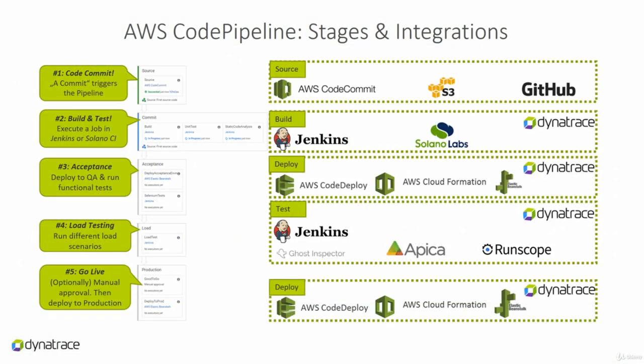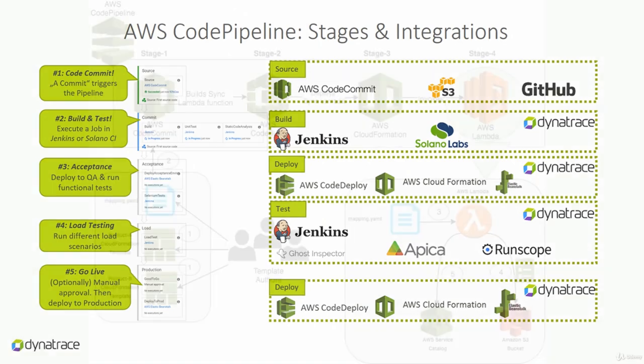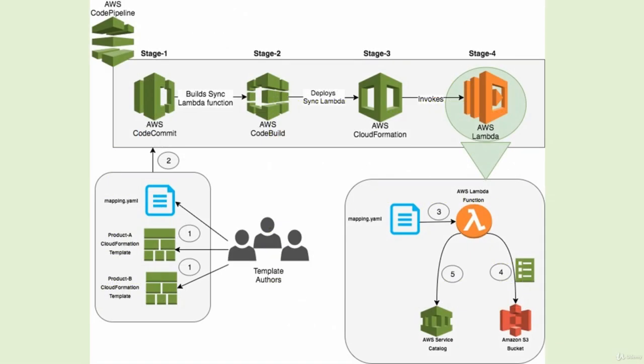CodePipeline uses stages and integrations where we may have CodeCommit or built-in test, acceptance, or load testing using Jenkins and different tools like that. There are different use cases that may work simultaneously with Lambda, CloudFormation, CodeBuild, and different services like that. It automates the entire development operations or software development lifecycle.